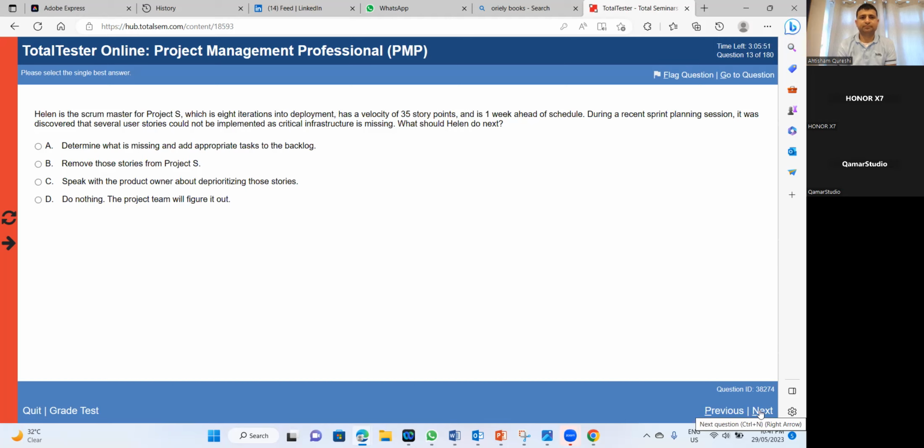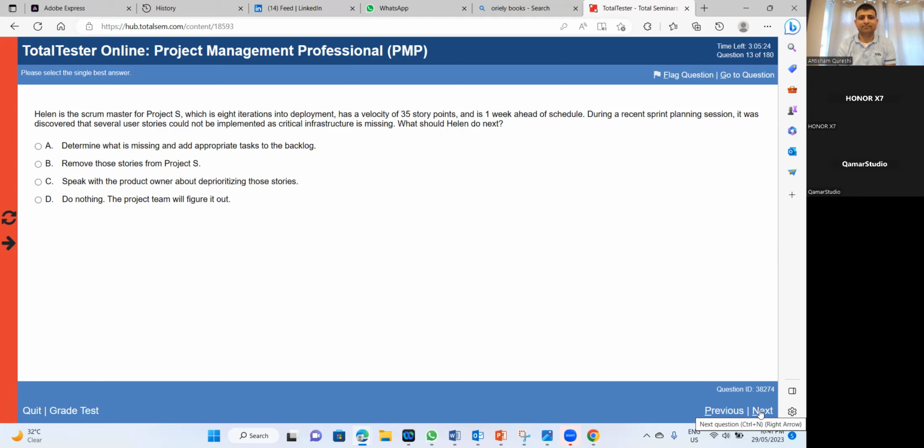Helen is a scrum master for project S, which is in the iteration into deployment and has a velocity of 35 story points and is 1 week ahead of schedule. During a recent sprint planning session, it was discovered that several user stories could not be implemented as critical infrastructure is missing.